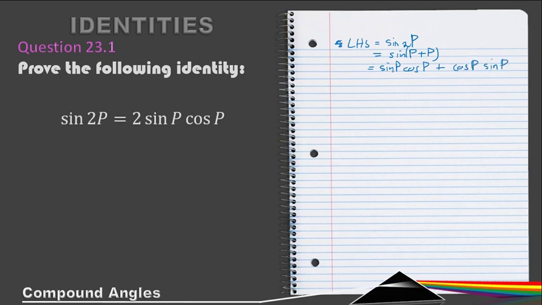This says sine then cos, then cos then sine, but xy is equal to yx. So these are in actual fact like terms, and I can just swap these two around. So I have sine p cos p plus sine p cos p, and then if I add my two like terms, I get 2 sine p cos p, which is equal to the right-hand side, of course.